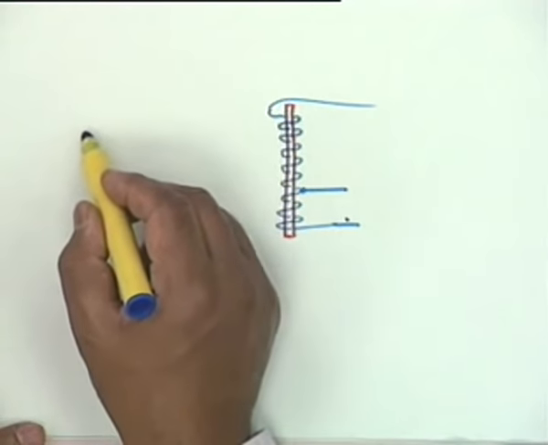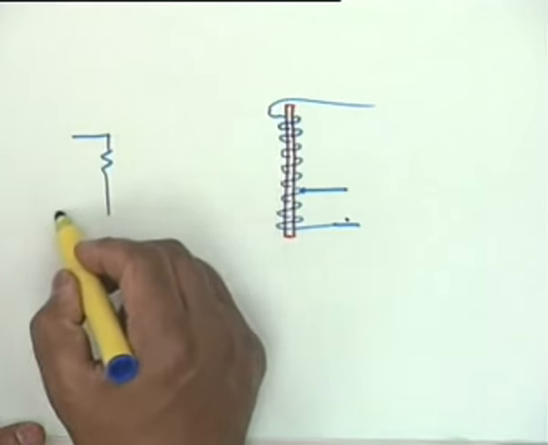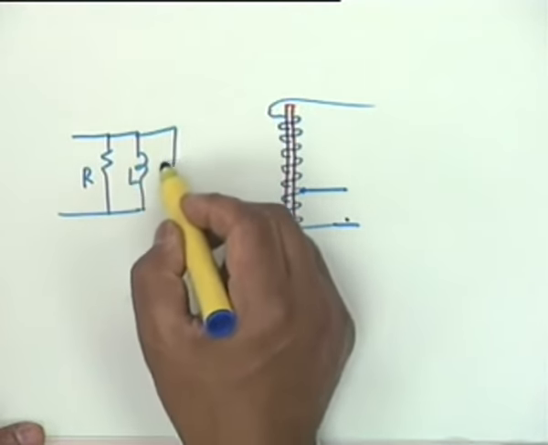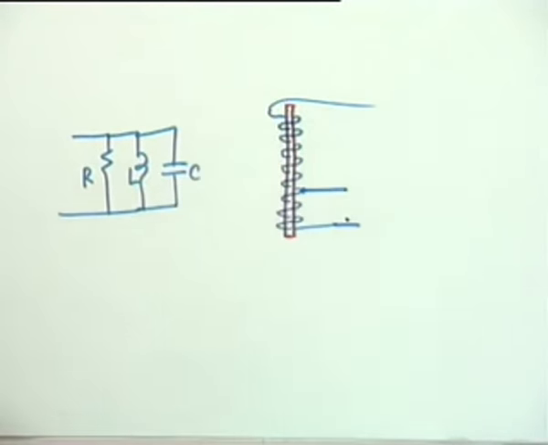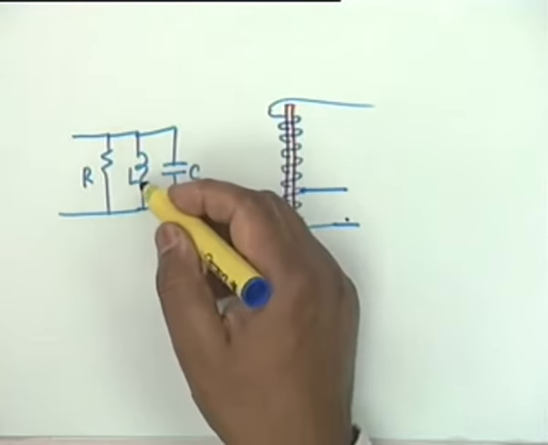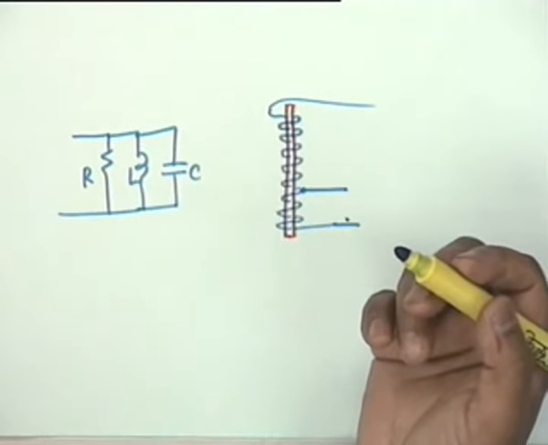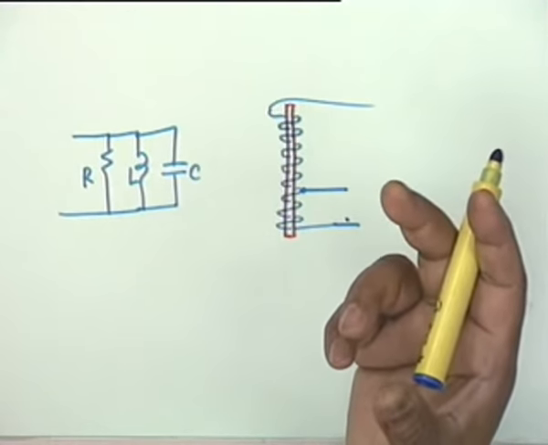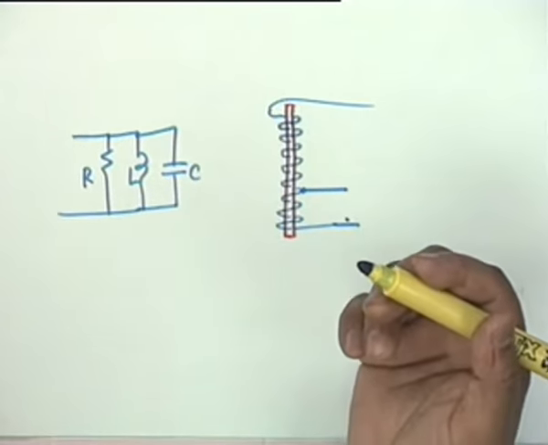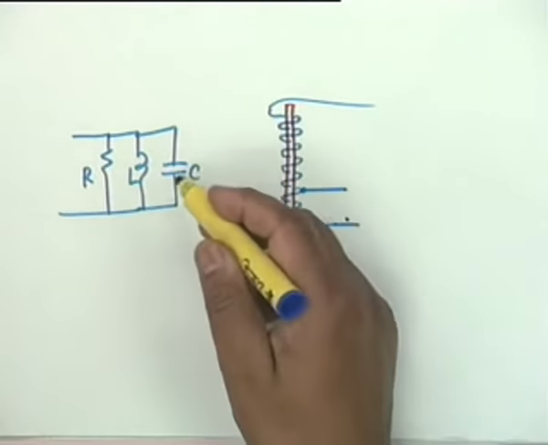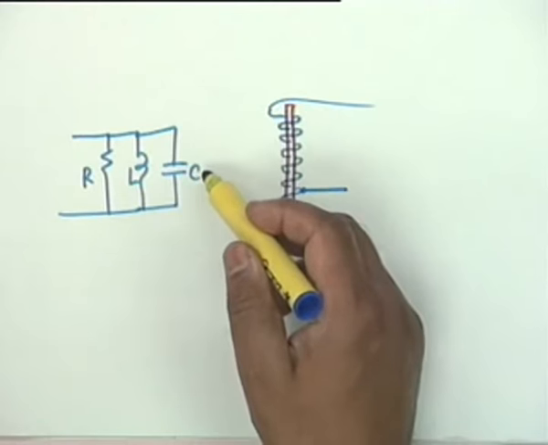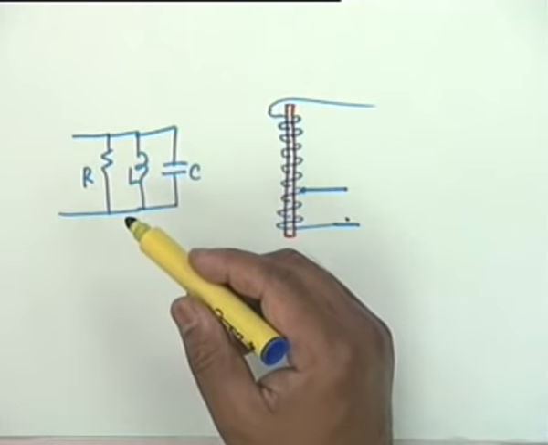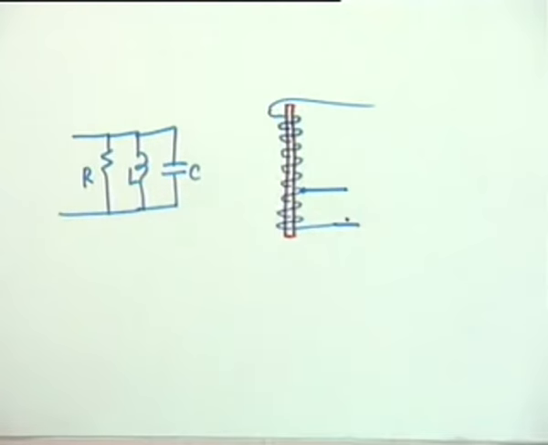Suppose I want to make a tuned circuit like this, R, L and C, where L is very small and C is very large. I want to use a convenient auto transformer or a tapped coil to make this circuit. I want to use a smaller capacitor and a larger inductance. This is very common in RF circuits.